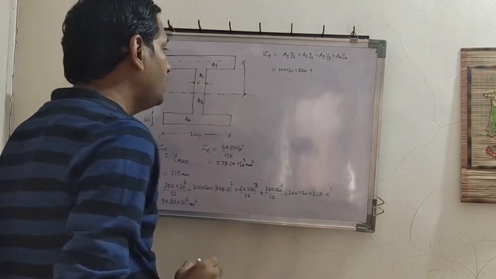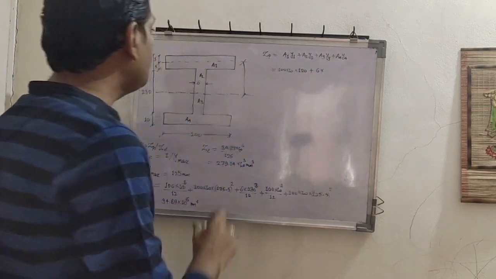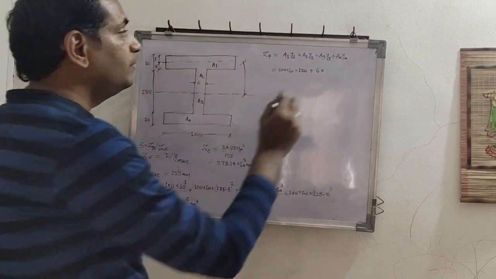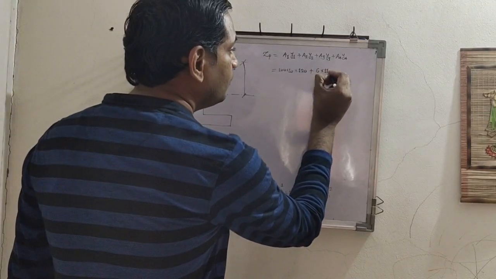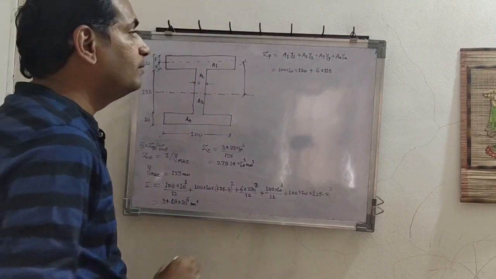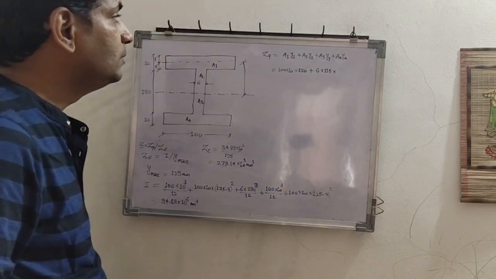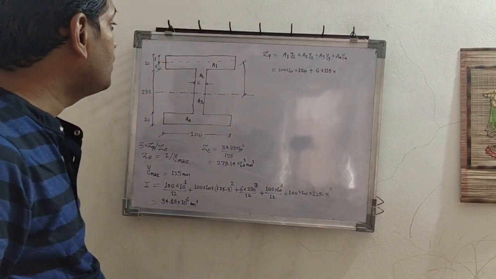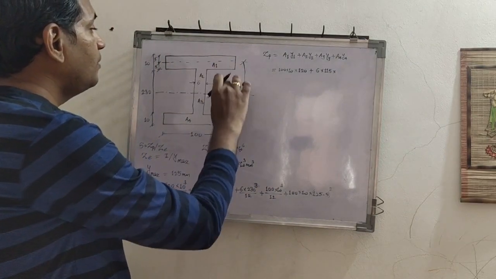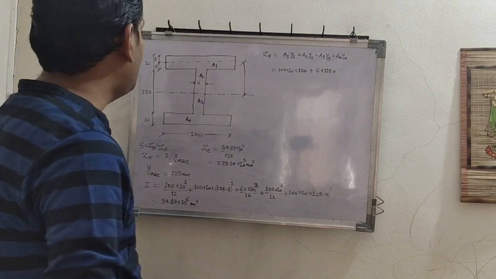Plus A2. What is A2? 6 into, how much is this depth? It has to be half of 230, which is 115. So 6 into 115 into centroidal distance of A2 and neutral axis. This difference we have to find. So how much is that?